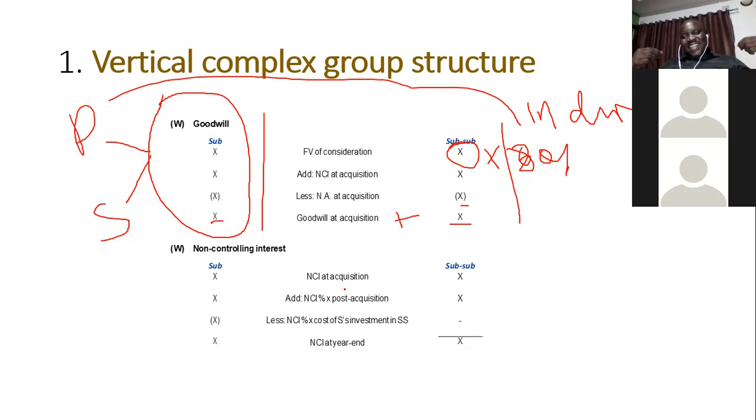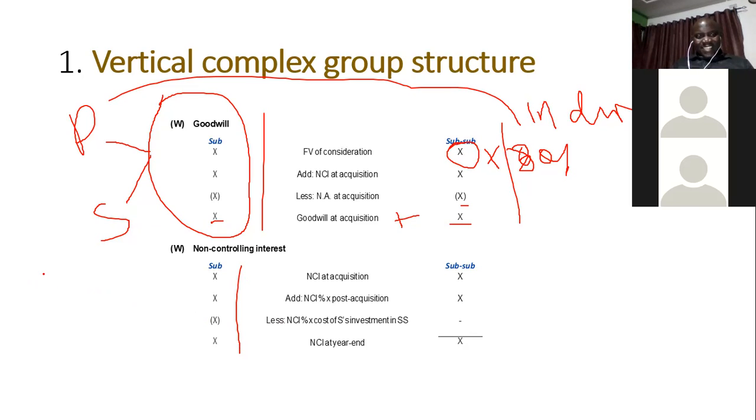Because there's a component of double entry that you need to flush out from your normal NCI computations, your relationship with P and S this side. Here, this is where you need to get the cost of S in the subsidiary.